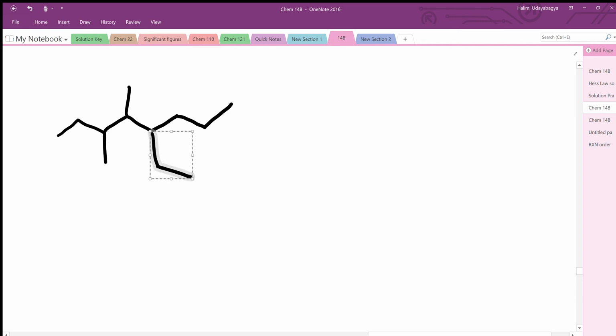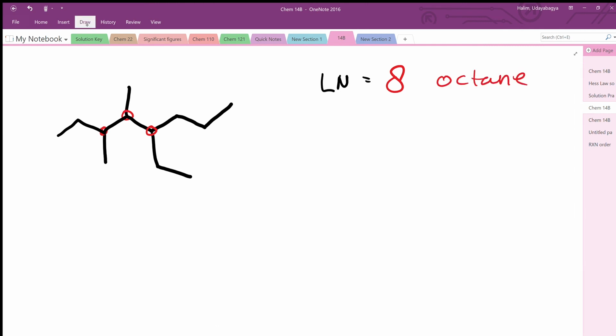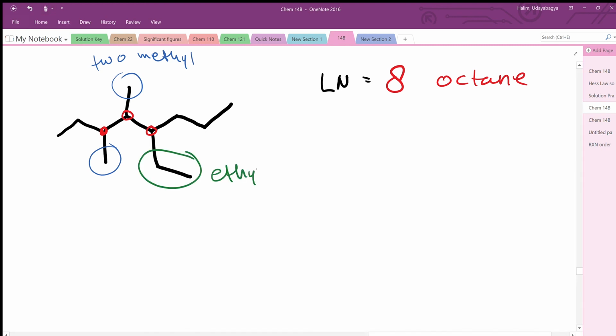There's no trick of left and right here, it's just going across. Close. There's 2-methyl.